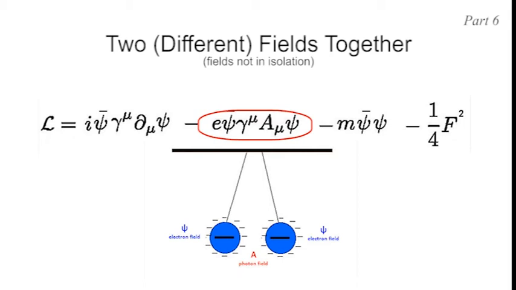There will be energy involved in this interaction, and so this term has got to be included in the combined Lagrangian of the two fields. We can't just have the free electron field, the electron particle, and the free electromagnetic field, the photon. We've got to have something in the Lagrangian that gives an energy from their interaction.